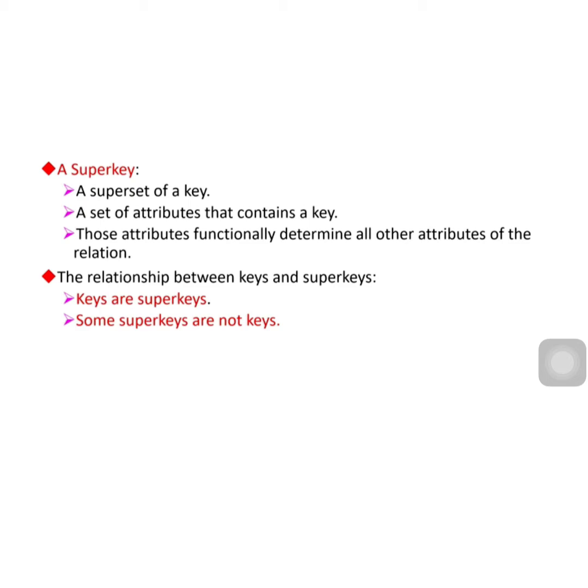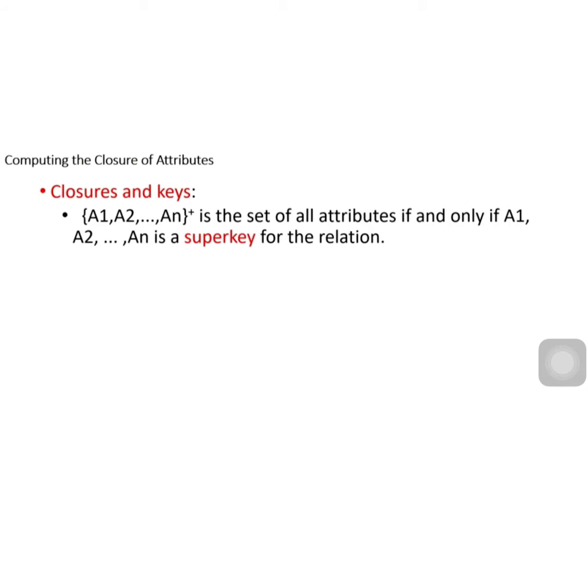Based on the definitions of key, superkey and closure, we can find the relationship between closures and keys. The closure of a set of attributes A1, A2, ..., An is the set of all attributes if and only if A1, A2, ..., An is a superkey for the relation.